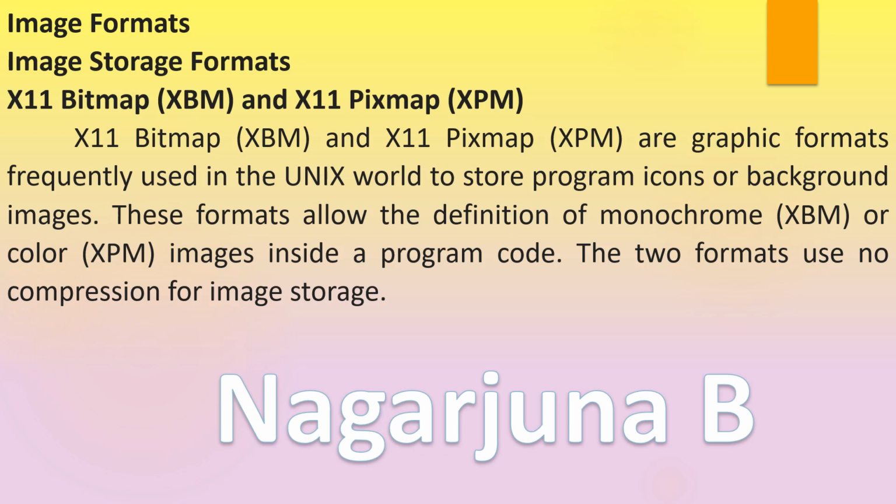These images are present inside a program code. These two formats use no compression for image storage. That means X11 Bitmap and X11 Pixmap will not use any compression for storing an image.